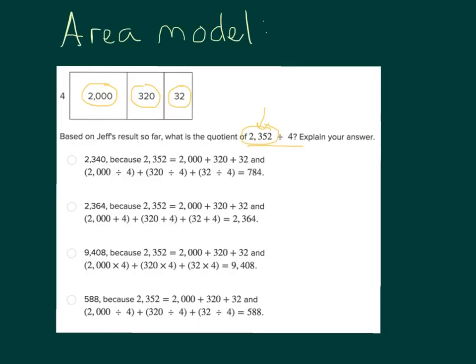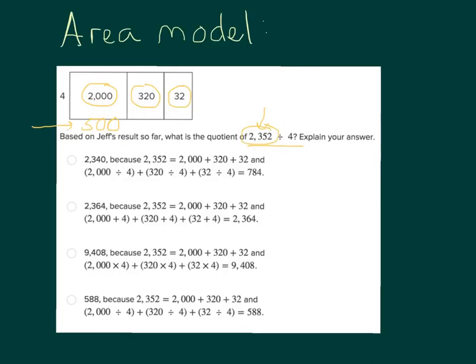Okay, so when he divides 2,000 by 4, 4 goes into 20 five times, and there would be 2 zeros. In other words, I know that 4 times 500 makes 2,000. So that means that 2,000 divided by 4 is 500. Okay, so we're looking right there.